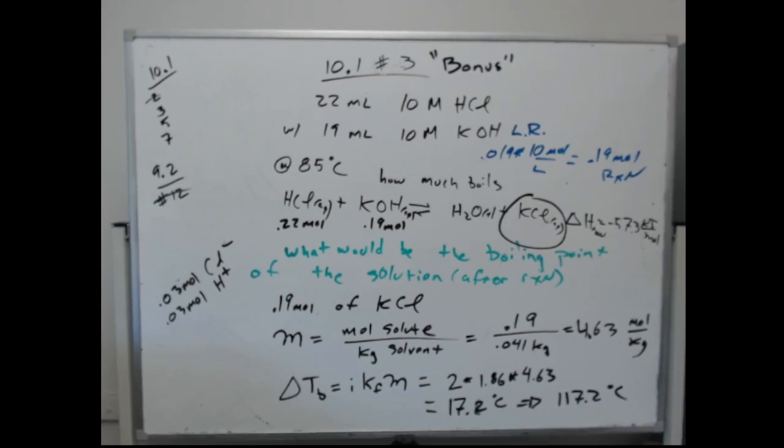It becomes 17.2 degrees higher. The boiling point becomes 117. So with that in mind, we just calculated 3.6 grams of water would boil at 100 degrees Celsius. It ain't going to boil at 100 degrees Celsius with that much salt in solution. That approximation that we make in the problem is actually incorrect. Isn't that neat?